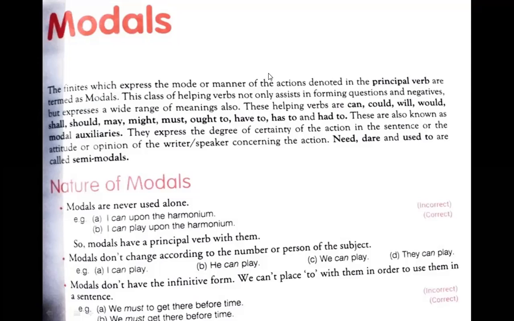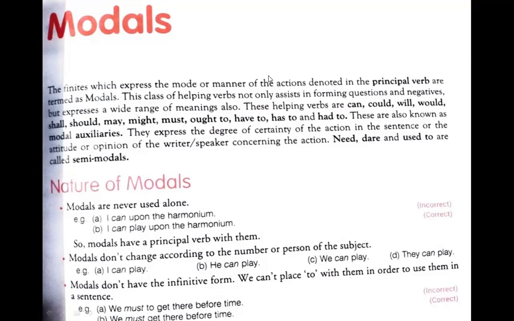Right? Now you see what we find, children. Modals don't have the infinitive form. We can't place to with them in order to use them in a sentence. This is also very important, students. We must to get there before time. That means infinitive, to plus first form, cannot be used with modals. We have to justify.